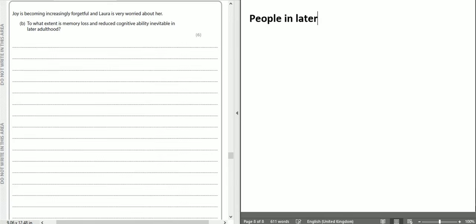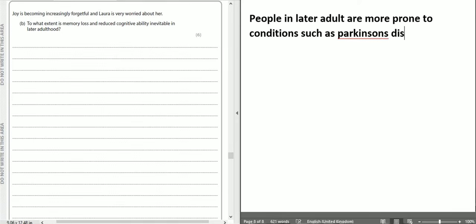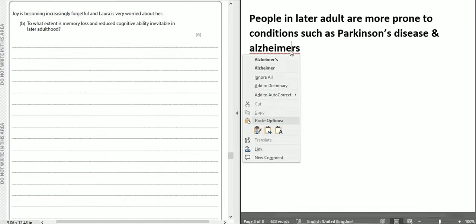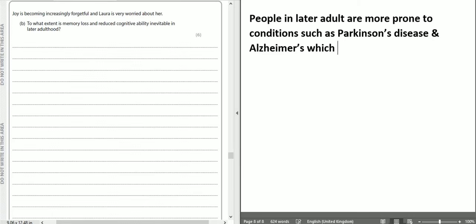people in later adulthood are more prone to conditions such as Parkinson's disease and Alzheimer's. So these conditions cause, let's get the spelling right, Alzheimer's, which can cause memory loss and reduced cognitive ability, so CA level, cognitive ability.